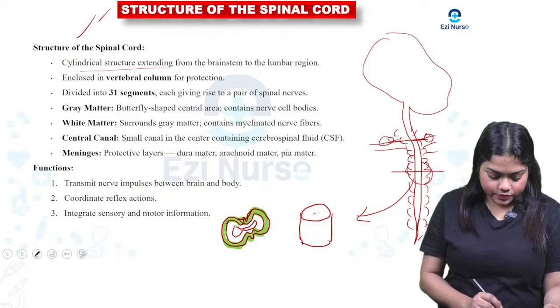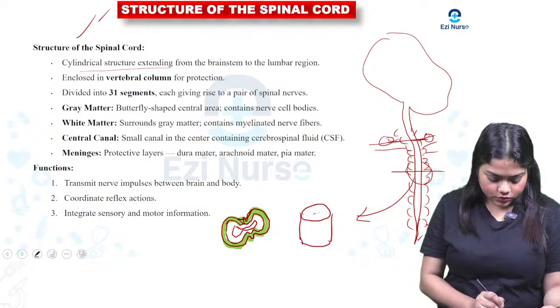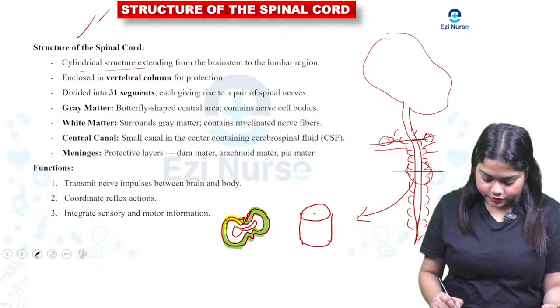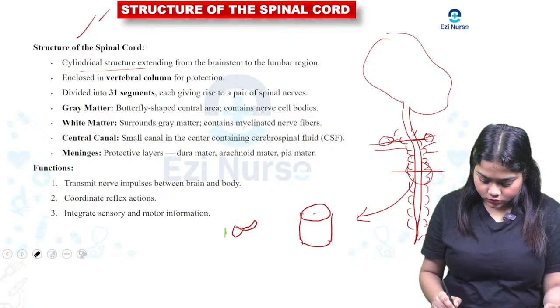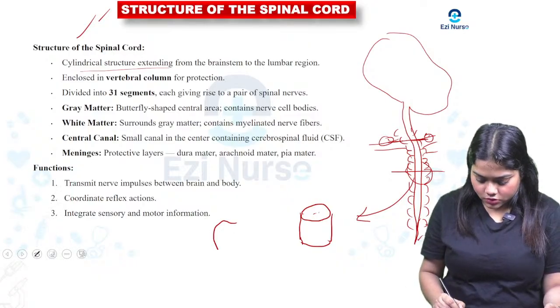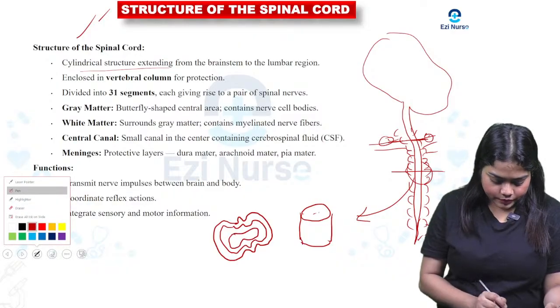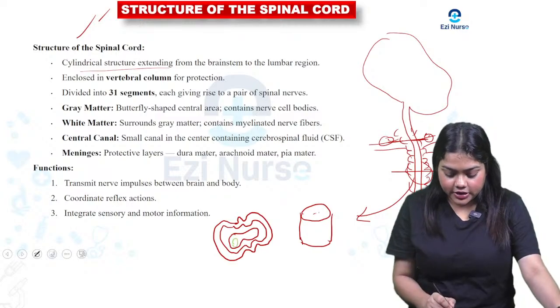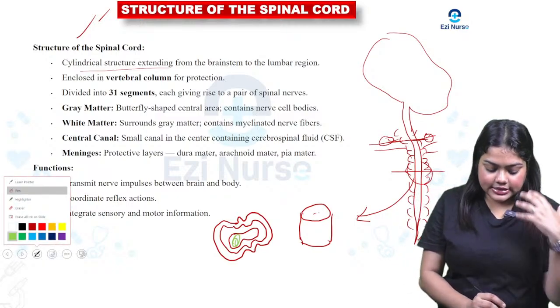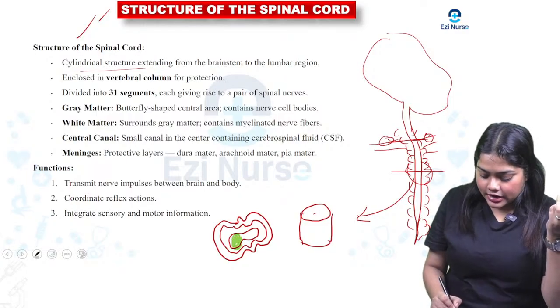Okay, so actually gray matter is the innermost part, and it is made up of nerve cell bodies.